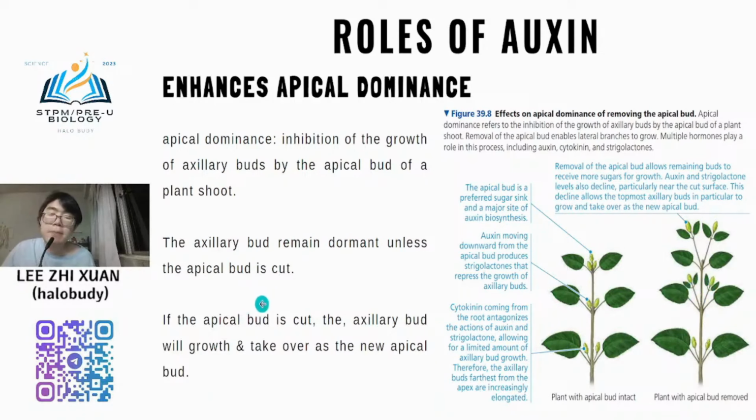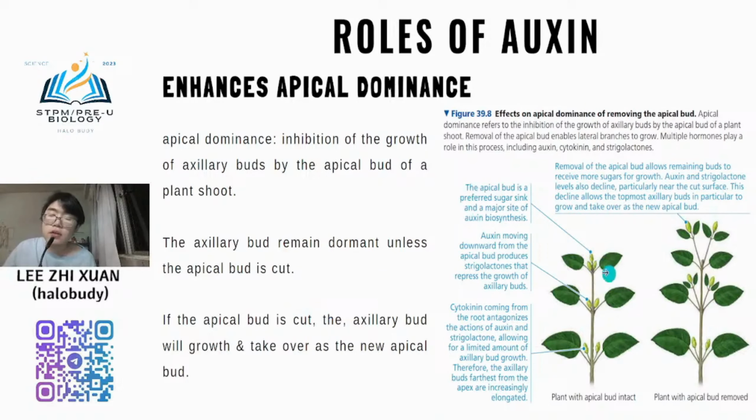If the apical bud is cut, the axillary bud will grow and take over as the new apical bud. If you totally cut down the apical bud, there is no auxin in the shoot of the plant, so the axillary bud will grow.